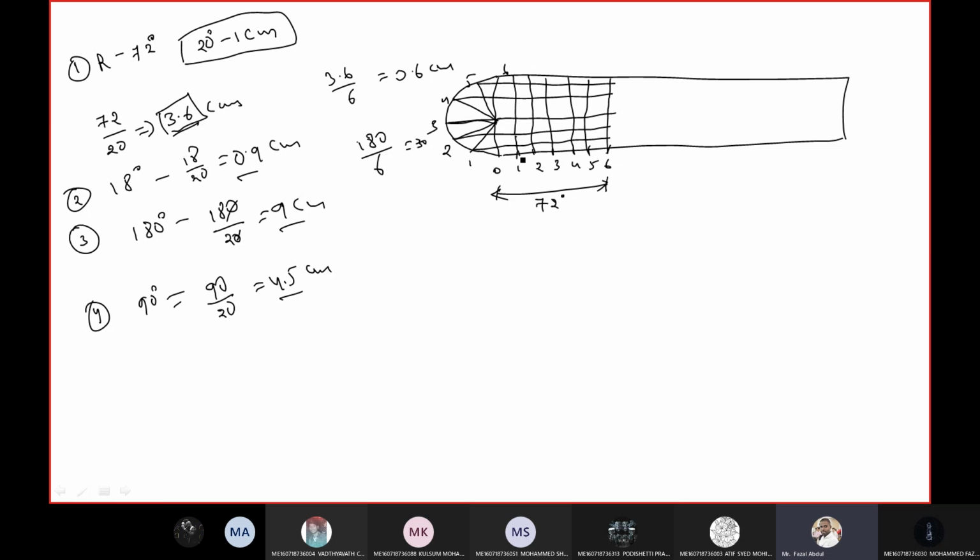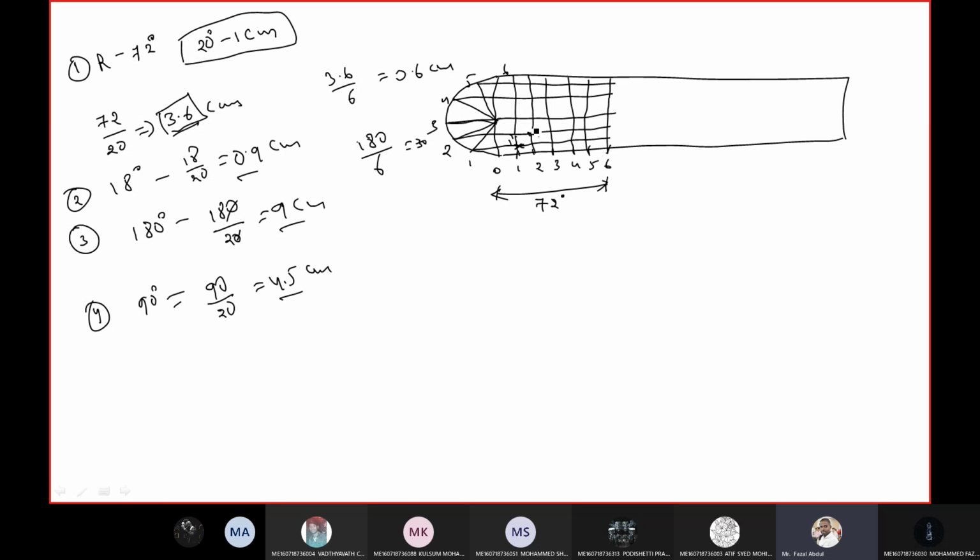Here the first vertical line is passing, and the first horizontal line is passing here. Both lines are intersecting here. Give that the name 1 dash. Here the 2 line is passing, and here the 2 line is passing.